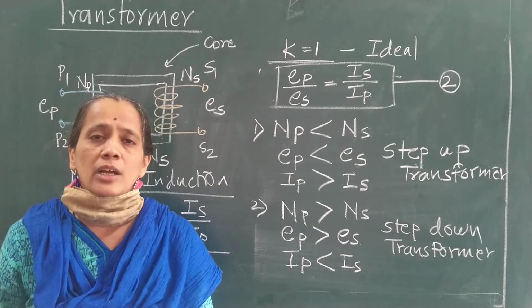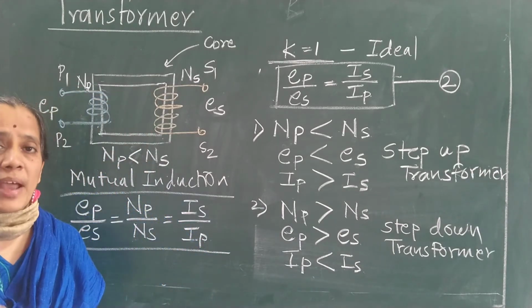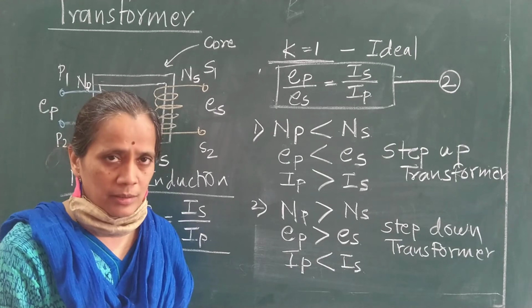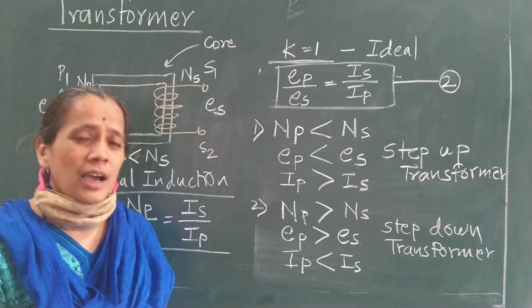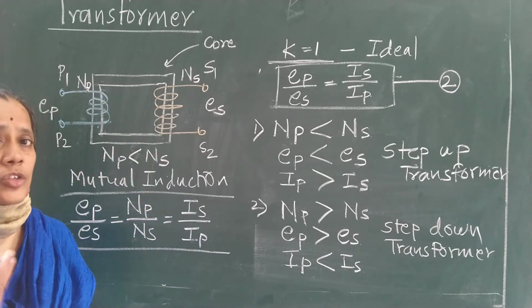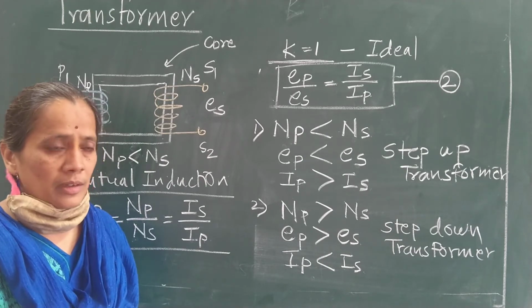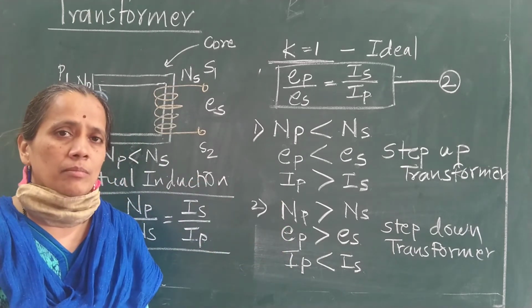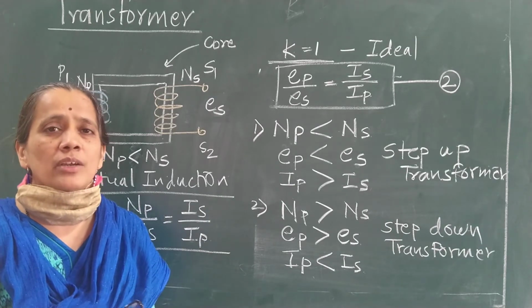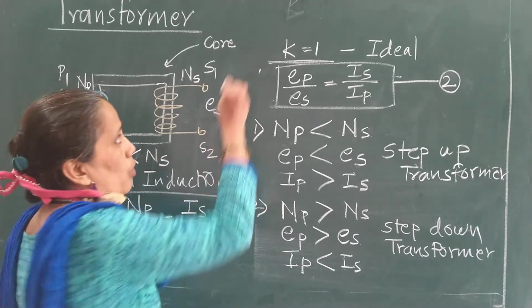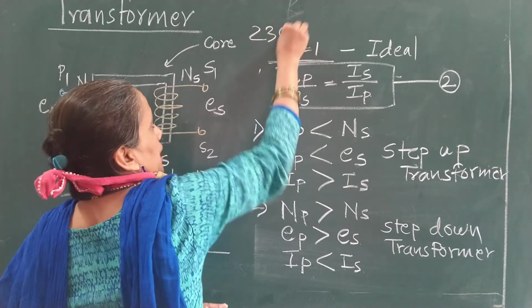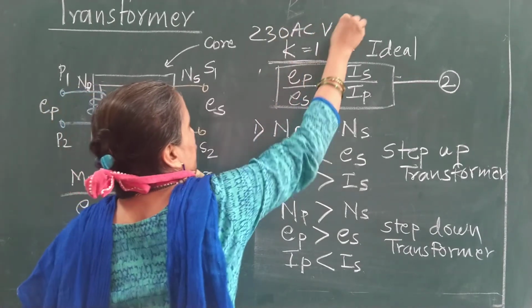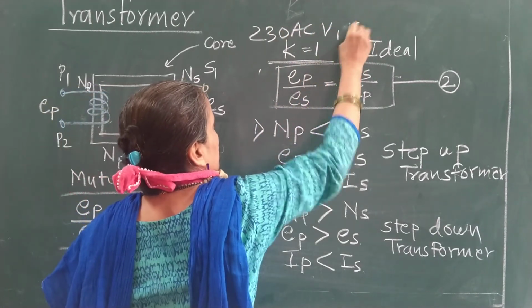Our electrical home appliances work maximally on 5 volt. Only our refrigerator will work on 9 volt. So, in our house, when line voltage comes, our AC line voltage is 230 volt, 230 AC volt and 50 Hz frequency.